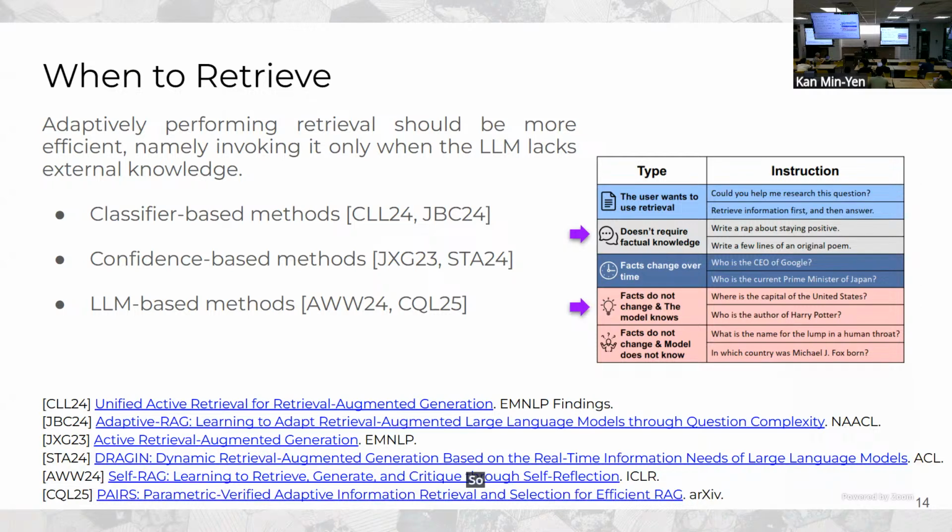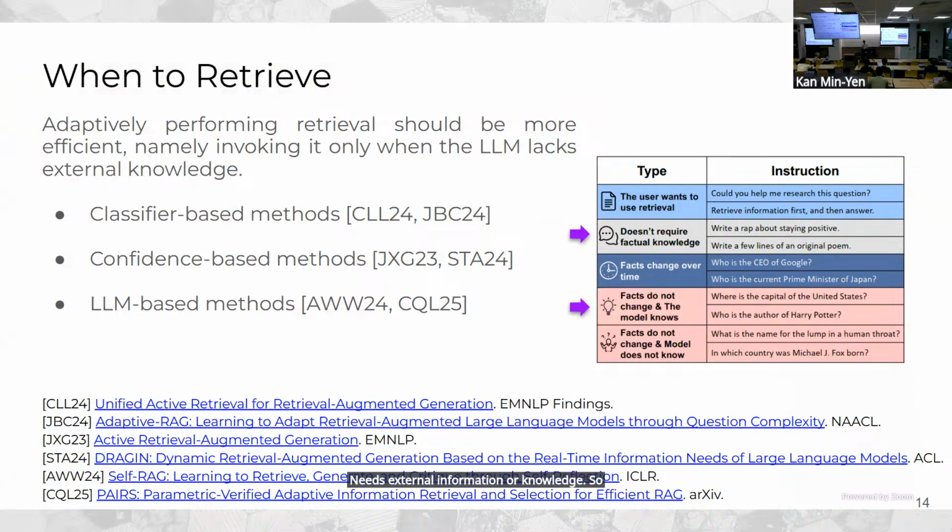In the ideal case, we prefer adaptive retrieval. That means adaptively performing retrieval, invoking the retrieval path only when the LLM needs external information or knowledge.